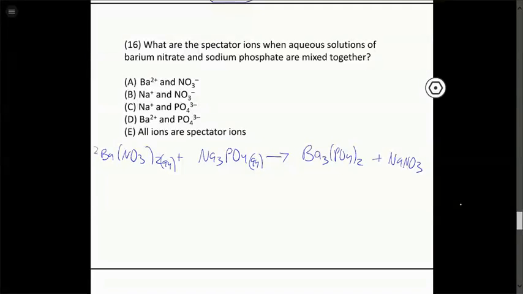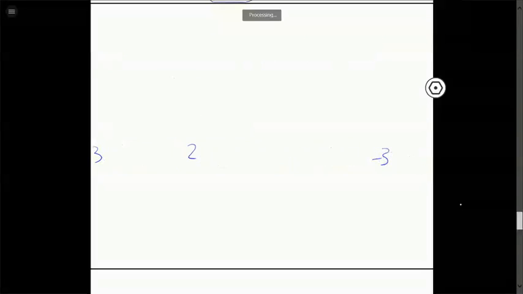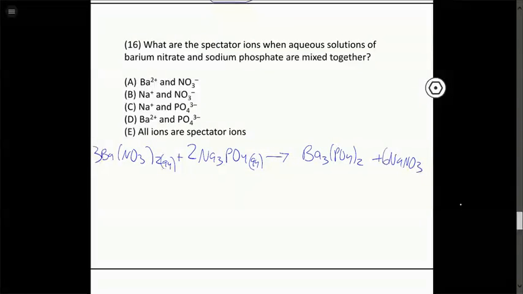We want 3 of these to balance the barium. If we have 3 of those, we need 3 sodium nitrates. And then we need to have 2 of these, that becomes 6. This one was a little bit trickier to balance, but that's going to be the balanced form. We have 3 barium nitrates, 2 sodium phosphates, and that's going to form barium phosphate and 6 sodium nitrates.